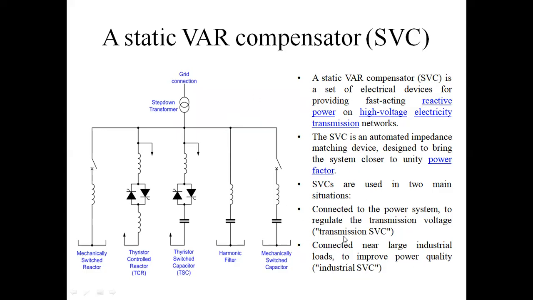So one is power quality improvement in industry, and the second is regulating transmission line voltage. A static VAR compensator is a set of electrical devices for providing fast-acting reactive power on high voltage electricity transmission line networks. Mainly the SVC is used for improving power quality and compensating reactive power.